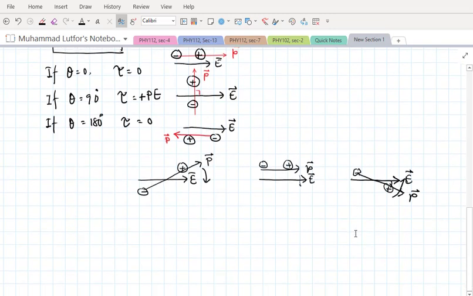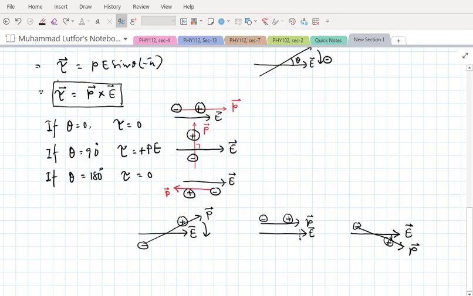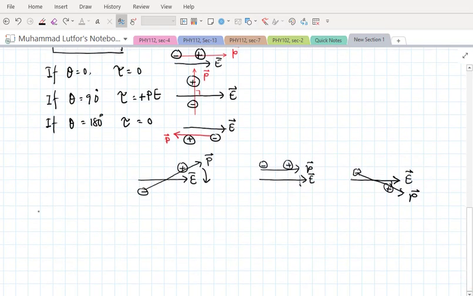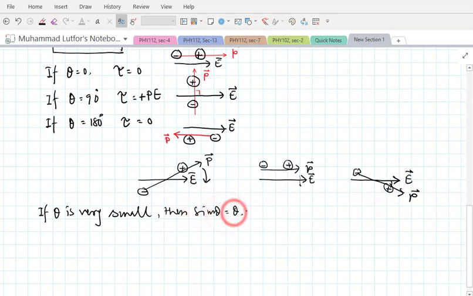We find from this equation that for a very small oscillation, if theta is very small, then sine theta would be basically theta.